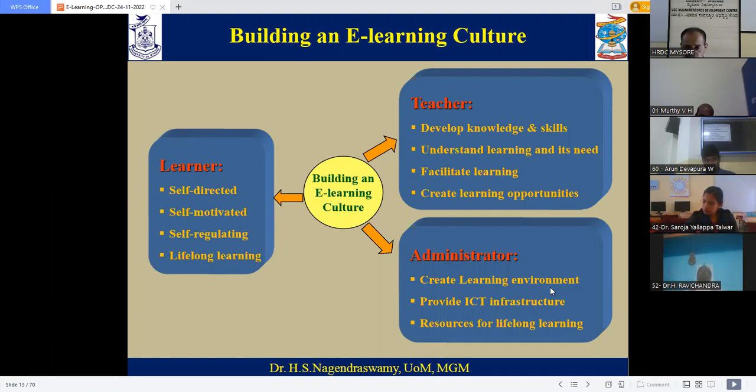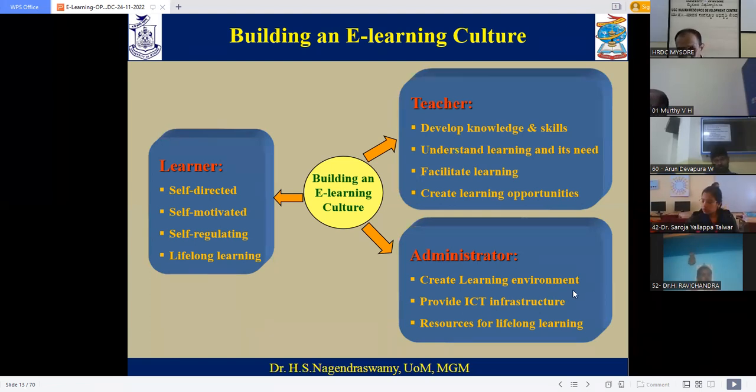I am here a resource person, you are a teacher, and in some other context you will be the resource person and I will be a participant, right? It doesn't matter. What is very important is transferring knowledge. So here the HRDC center or university acts as an administrator, right? So it creates a learning environment.